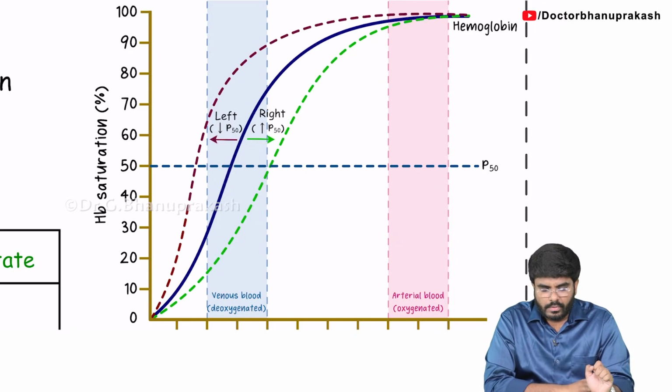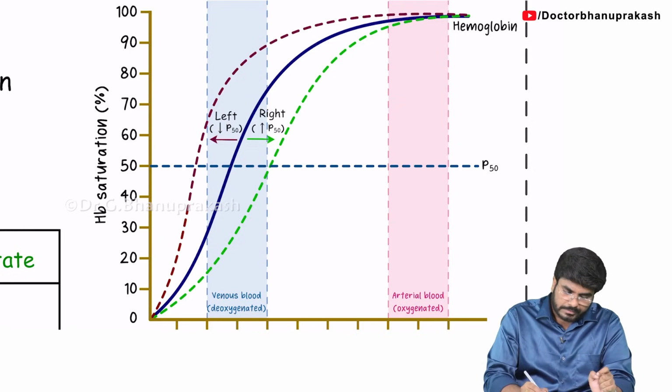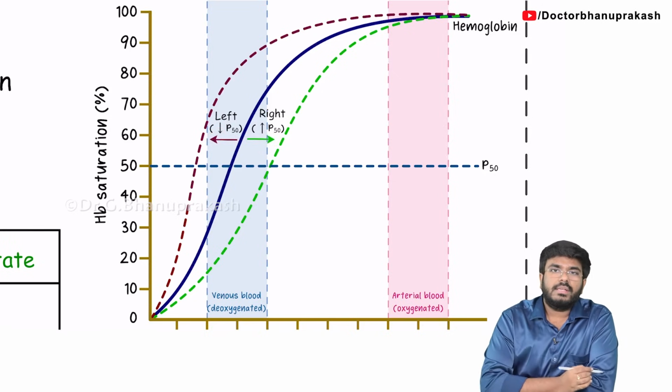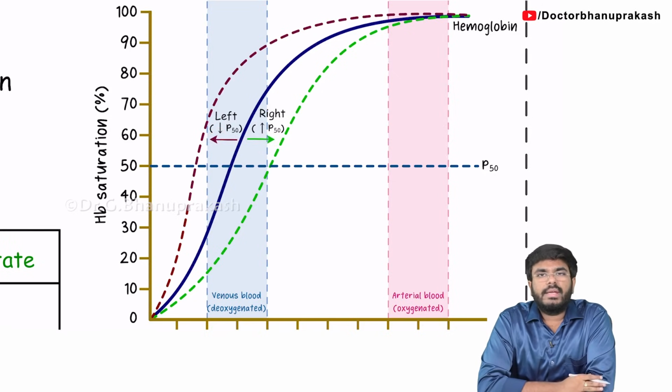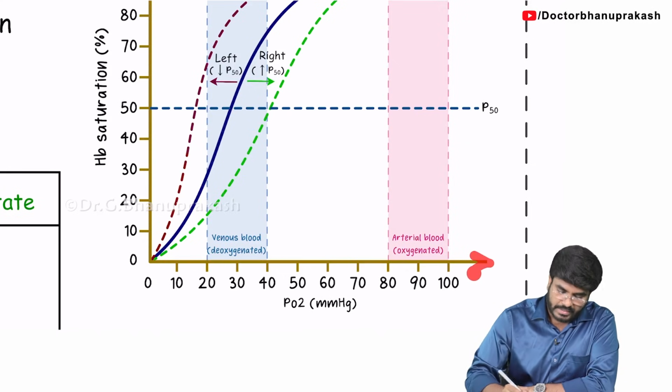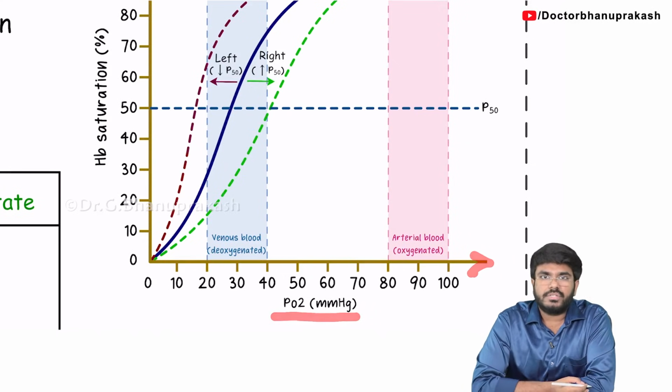First of all, let's see what is normal. Later we will discuss the conditions which favor the right shift and the conditions which favor the left shift. First look at the graph. Whenever you are looking at a graph, you always have to first check what is given on the x-axis and y-axis. On the x-axis it is the partial pressure.